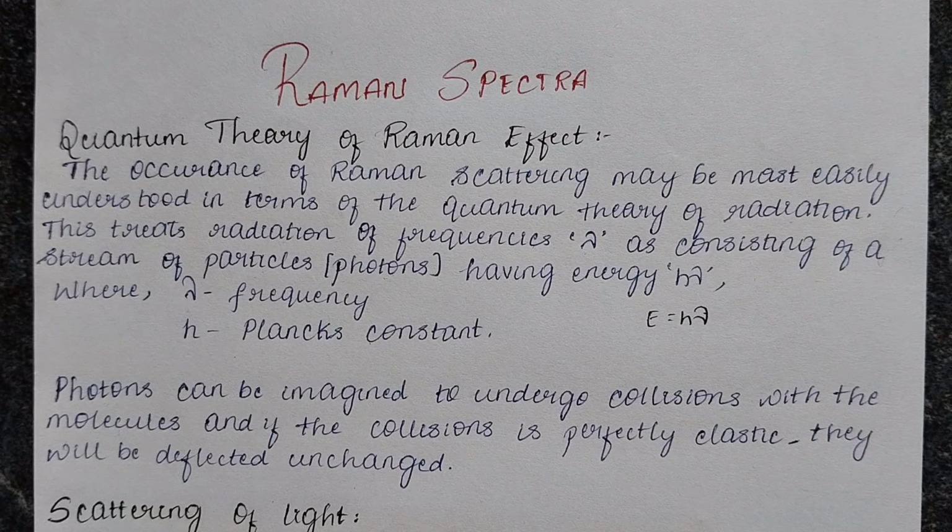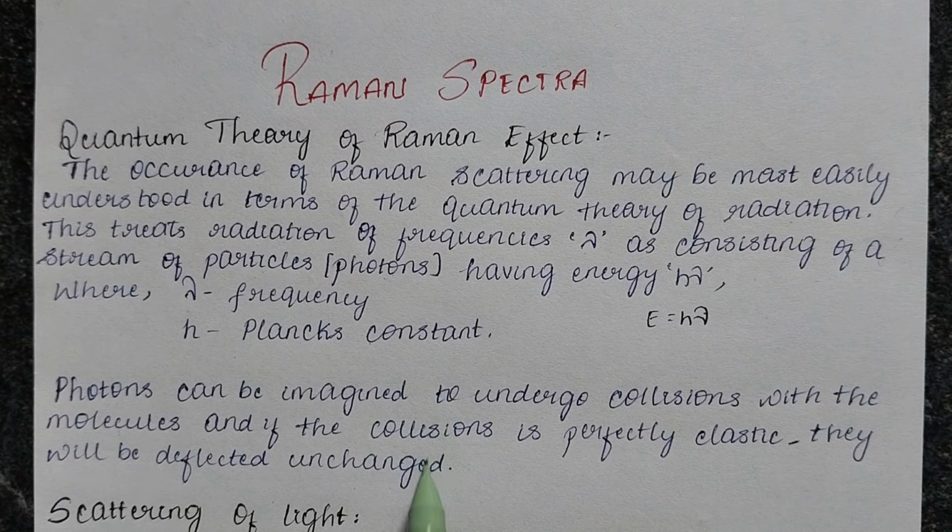In case of elastic collision, there will be no exchange of energy between the photons and atoms. In some cases there will also be inelastic collision that leads to exchange of energy. The exchange or no exchange of energy plays an important role in the type of spectra we get in Raman spectroscopy.